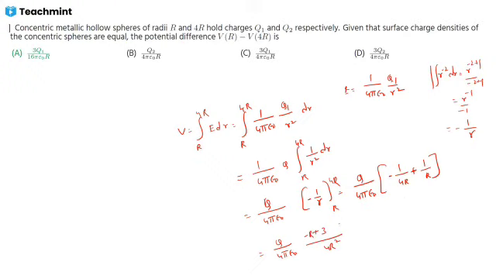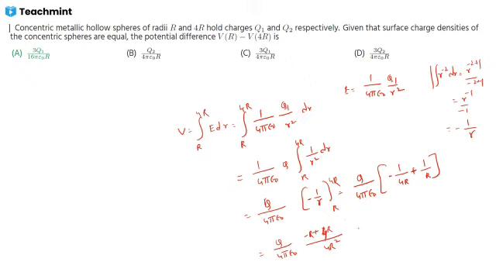Minus r plus 4r gives 3r. Sorry, it will be 4, right?